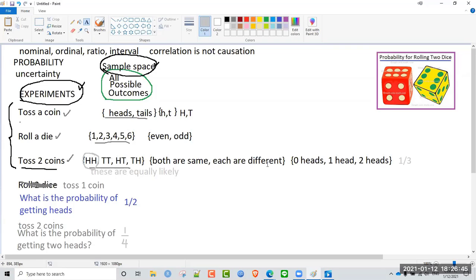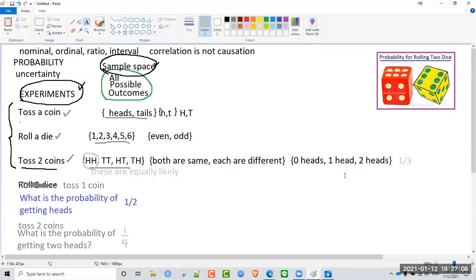But the thing is that it turns out that these are not actually equally likely. But it turns out that these are actually equally likely. So that's why this one is easier to work with, because then we just know that each one of these is 1/4. But if these aren't equally likely, we don't really know what they're going to be. It's not 1/3, 1/3, 1/3.